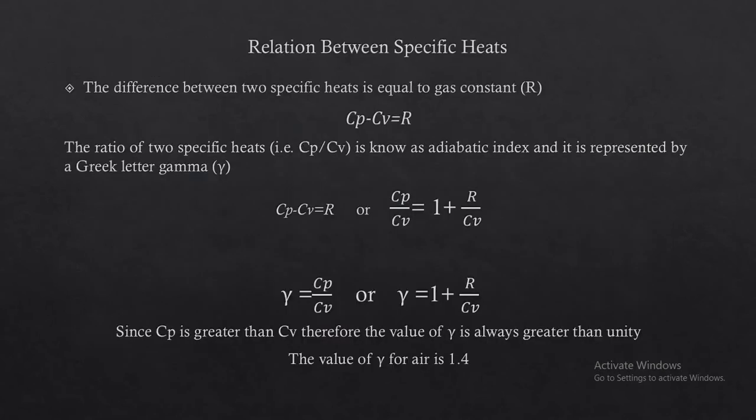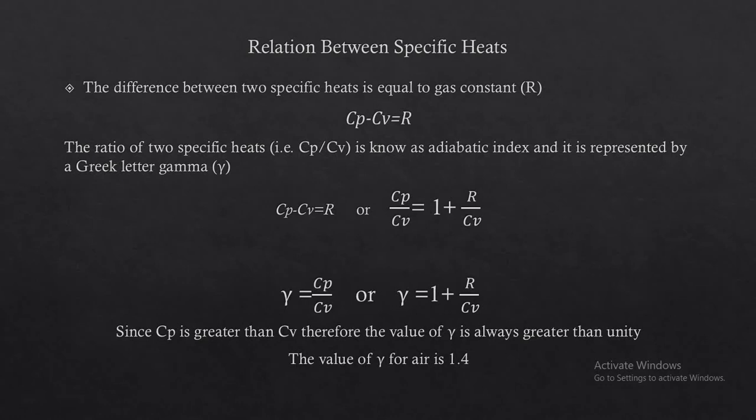The relation between the specific heats: the difference between the two specific heats is equal to the gas constant, Cp minus Cv equals R. The ratio of the two specific heats, Cp by Cv, is known as the adiabatic index, and it is represented by the Greek letter gamma.